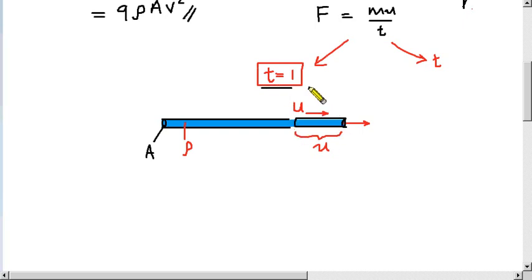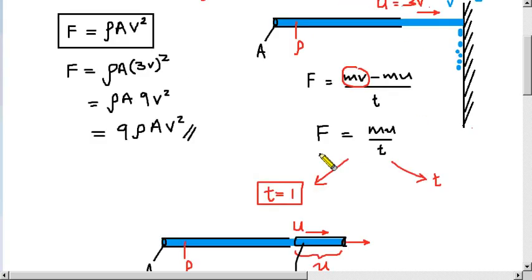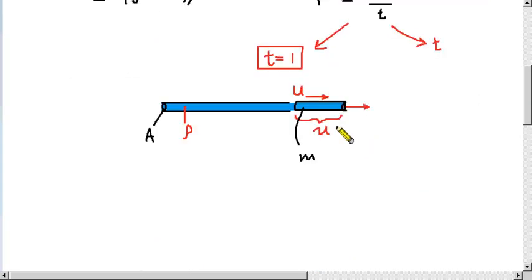So the length of this column leaving the tube per second is u. So we have to find out the mass of this one, because we have to substitute here mass per second, m divided by t. So the mass is equal to rho times volume.